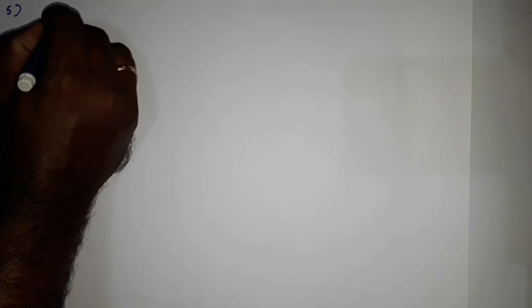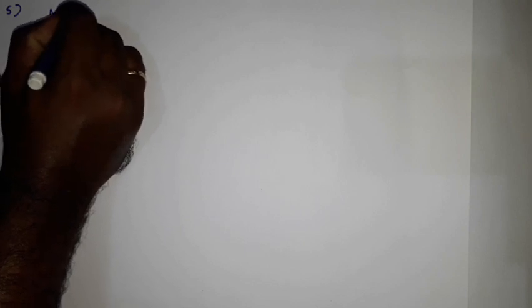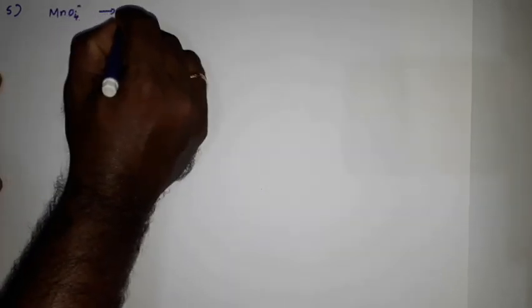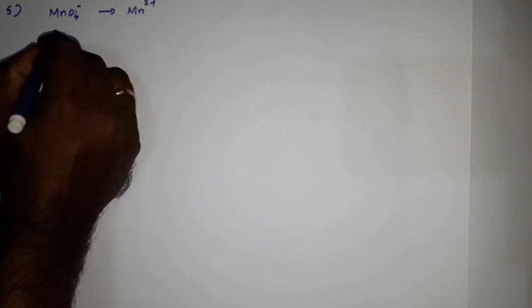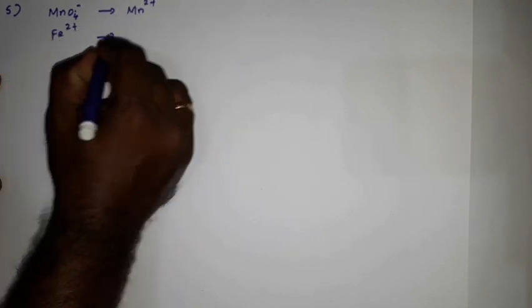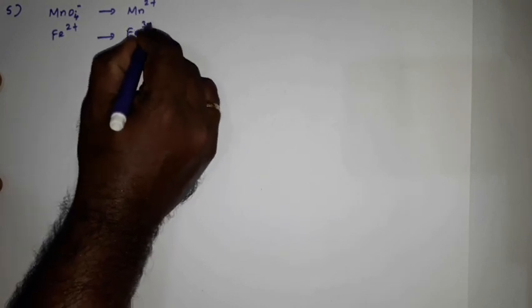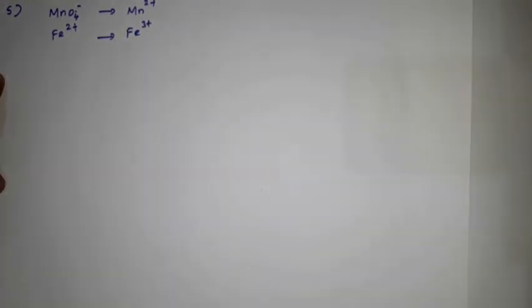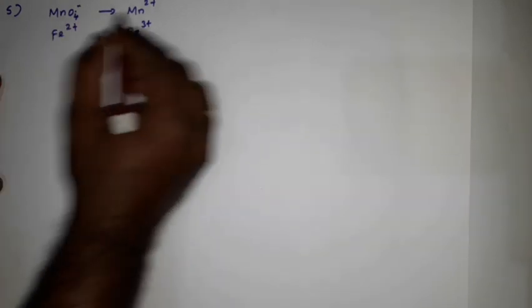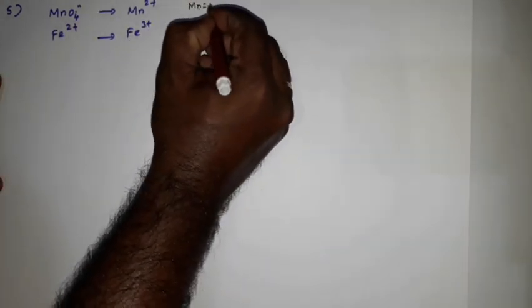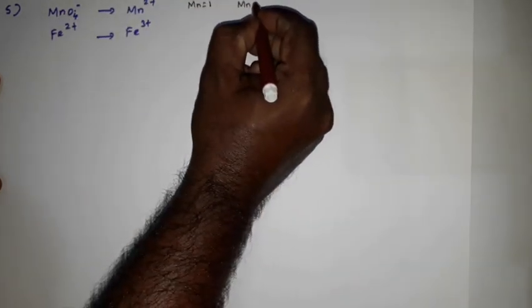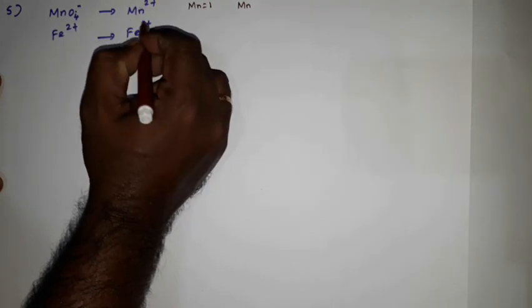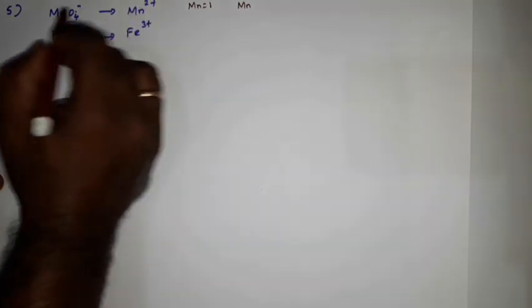So MnO4 minus gives Mn2 plus, and Fe2 plus gives Fe3 plus. Here there is one manganese on the reactant side, and on the product side also only one manganese. So don't count these charges, 2 plus, 2 plus, 3 plus, for balancing.